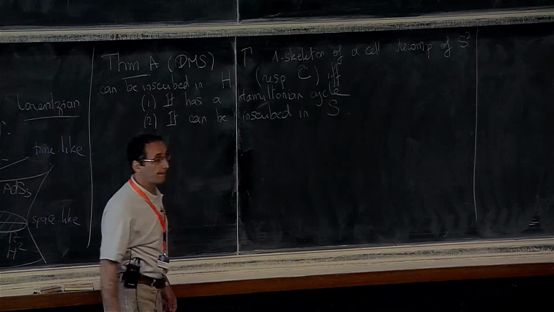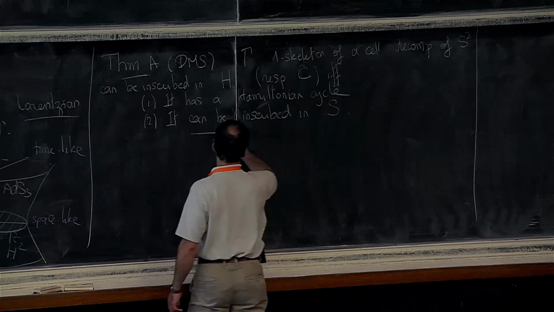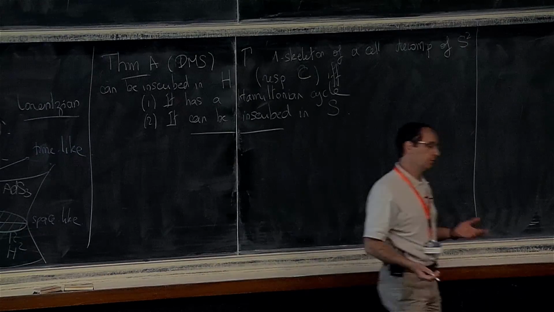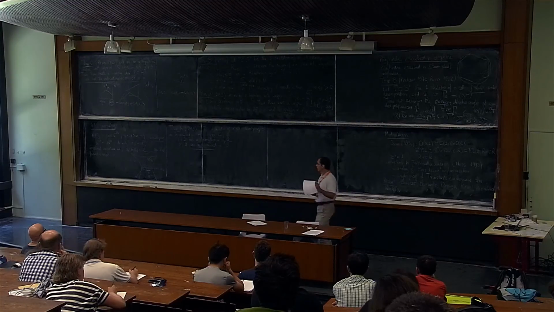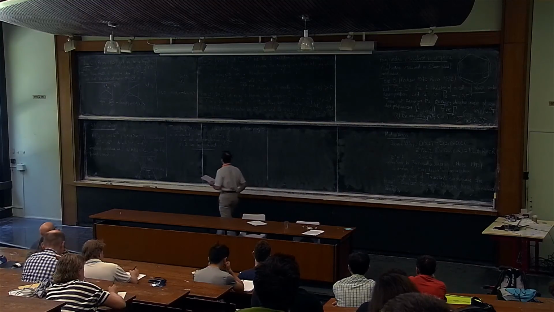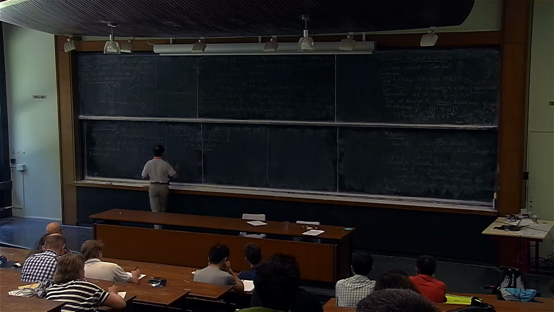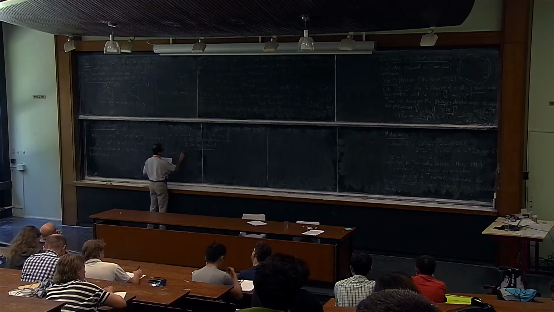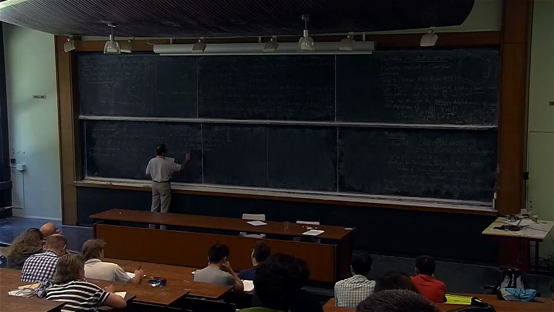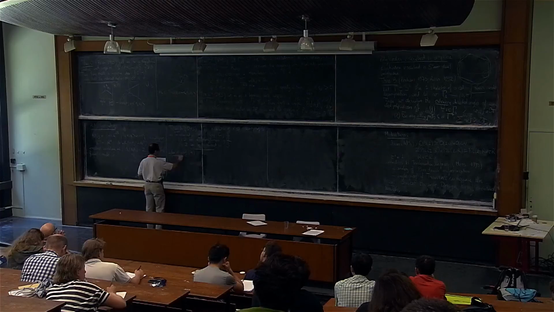Yeah? So how do we prove this? I'm going to explain the proof in one case and in one direction. So I'm going to choose the case of ADS, meaning of H. So I'm going to give the idea of the proof in H, for the case of H, right?